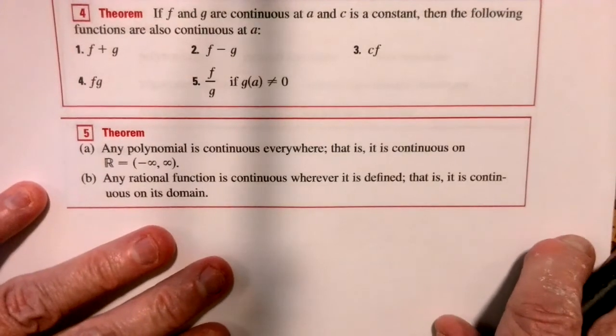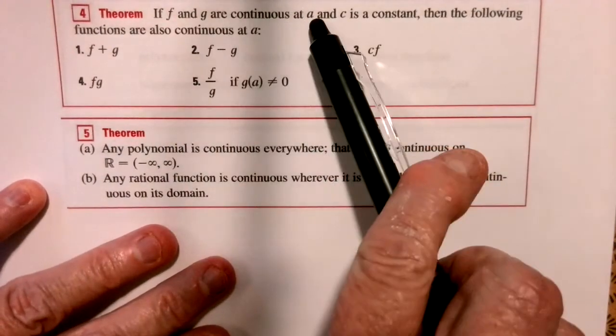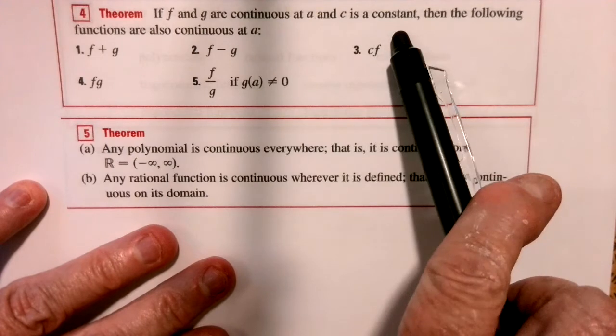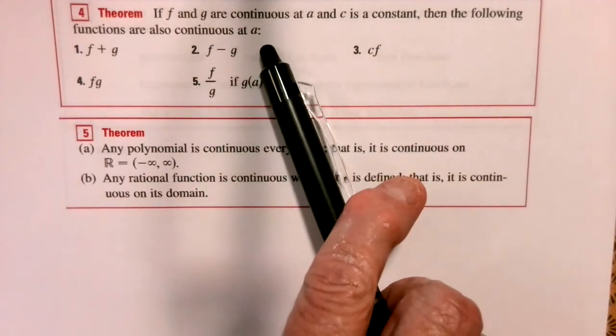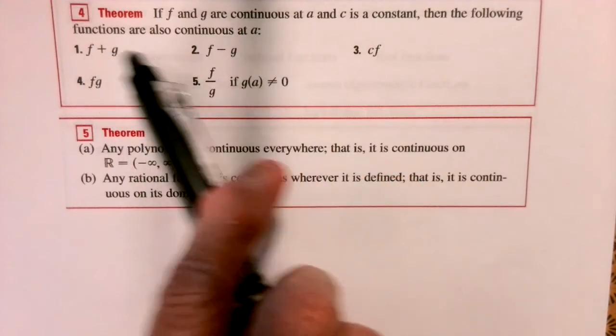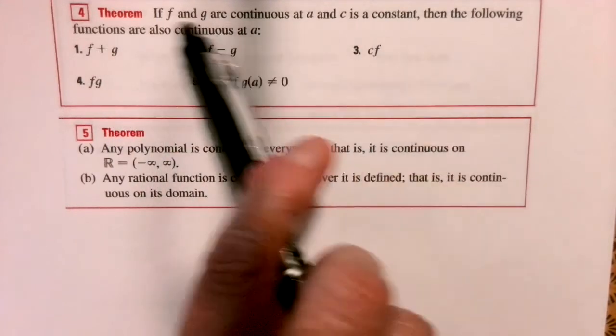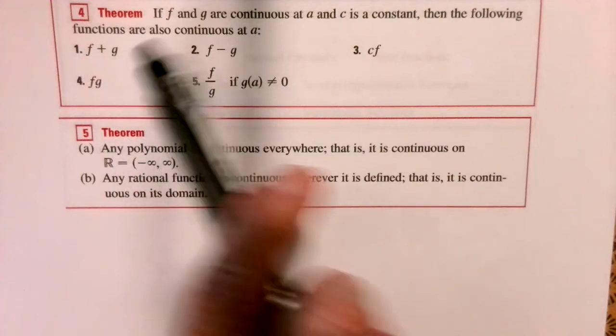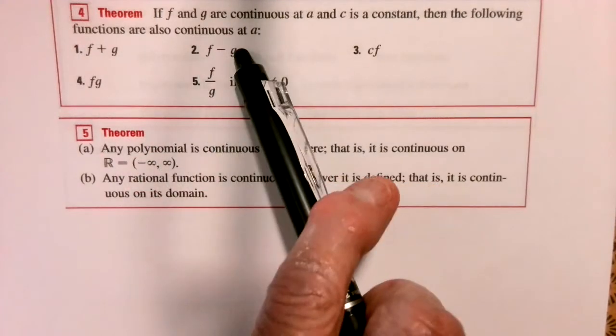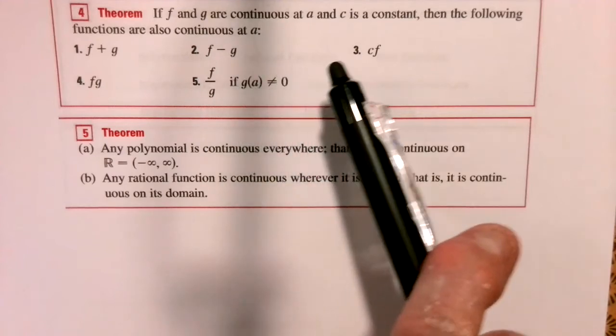Here's the theorem. If f and g are continuous at a and c is a constant, then the following functions are also continuous at a. So the sum of the functions is continuous at a. The difference of the functions is continuous at a.